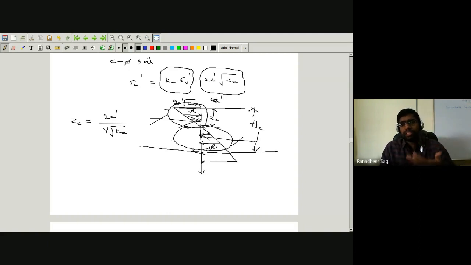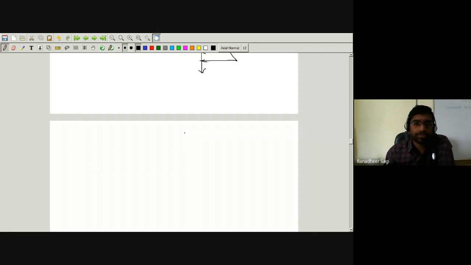Beyond that depth, yes, there will still be some positive net resultant force which comes on the retaining wall. However, that so-called net resultant negative tries to compensate some net resultant positive magnitude of your earth pressure force. So by what depth that net resultant force becomes zero is what we are going to understand.